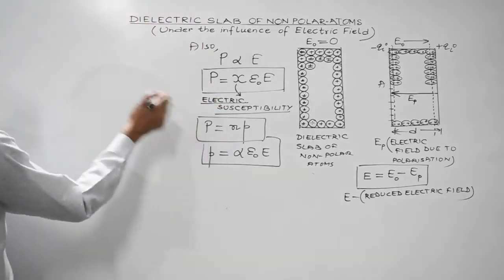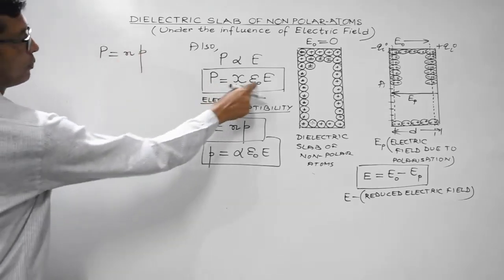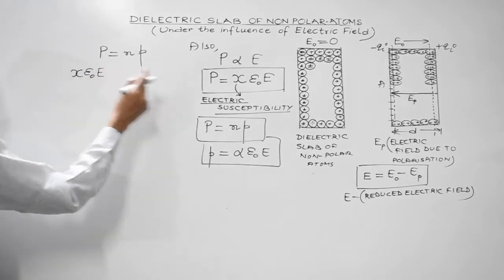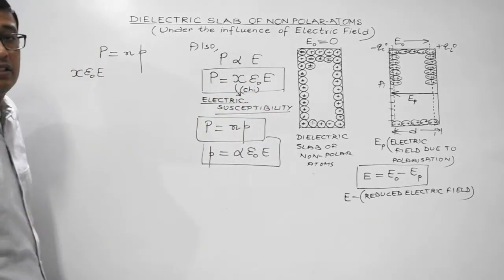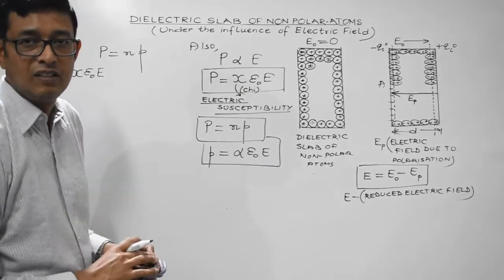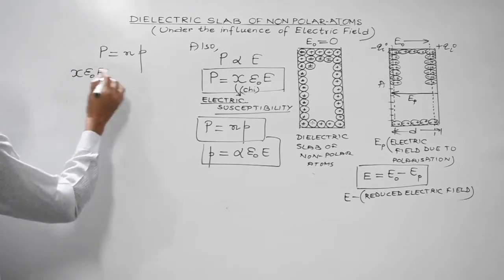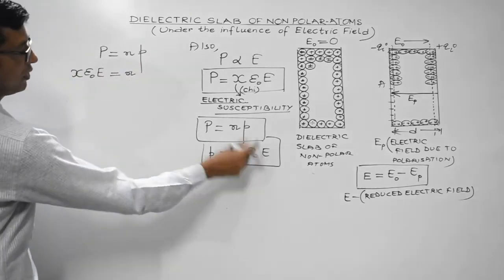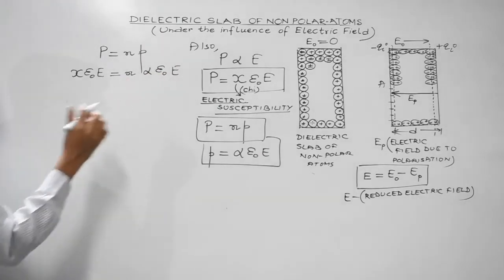So let's solve it as P is equal to N p. So in place of P, we can write chi epsilon E. This is chi, C-H-I, it denotes electric susceptibility, and it is equal to N, where N is the number density of atoms, and small p, just now we have discussed, is alpha epsilon E. Alpha is the atomic polarizability.